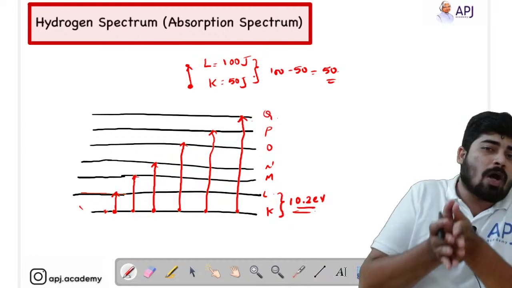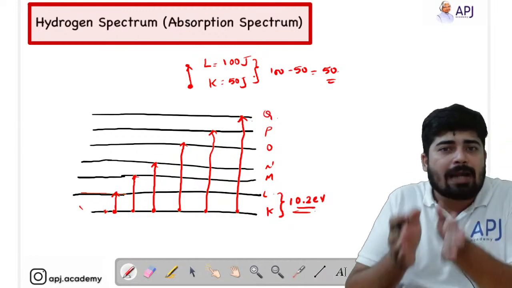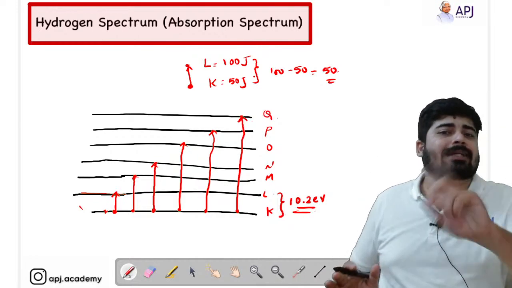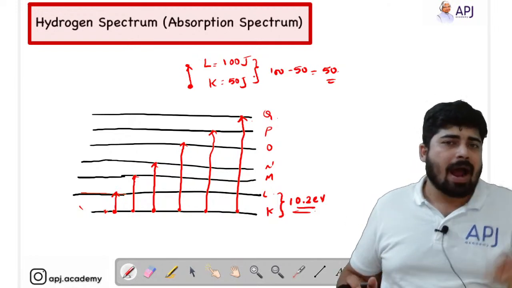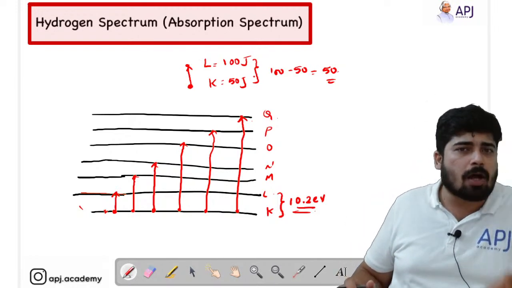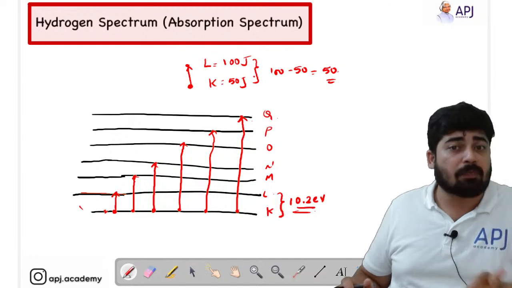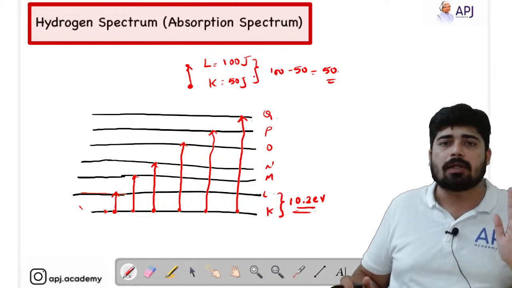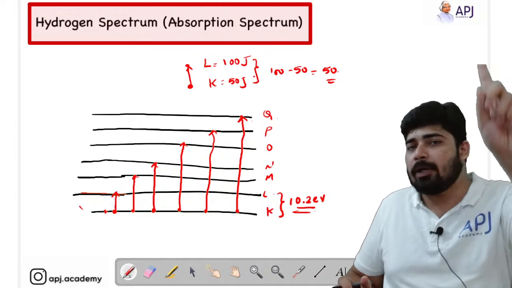If it absorbs an energy of 10.19 electron volt, then excitation is not possible. Only if it absorbs around 10.2 electron volt will it excite to the second energy shell.